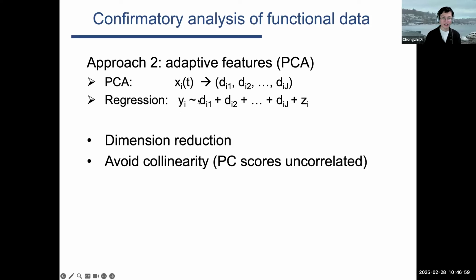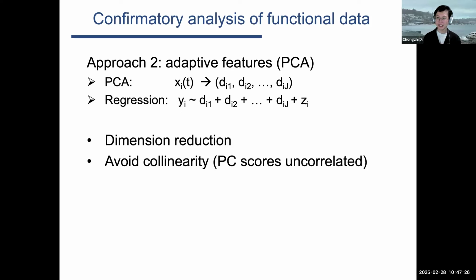Now again, this approach has its pros and cons. The pros is, as we explained earlier, the PCA by design is a very nice dimension reduction tool. So typically you only need a small set of scores to explain most of the variation. And also more importantly, you have control of how much information you keep, right?